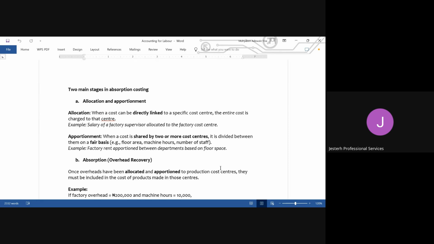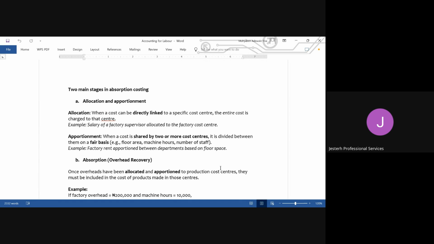In this kind of scenario, that salary has already been linked to a particular center, or it has already been linked to a particular purpose on what you want to use it for. So it is easy to trace in that kind of situation.